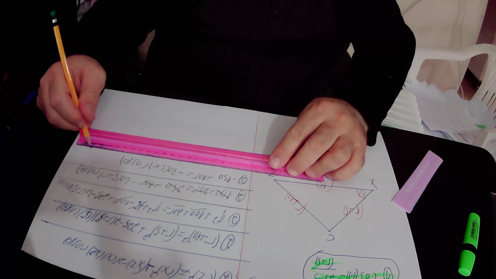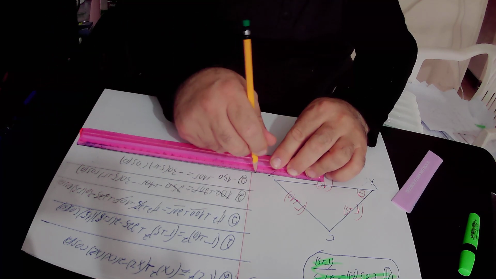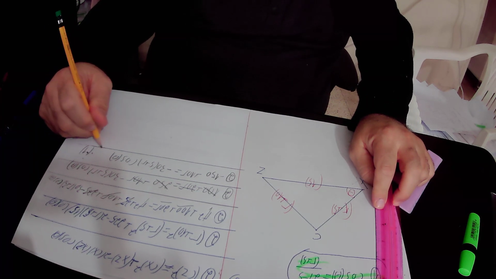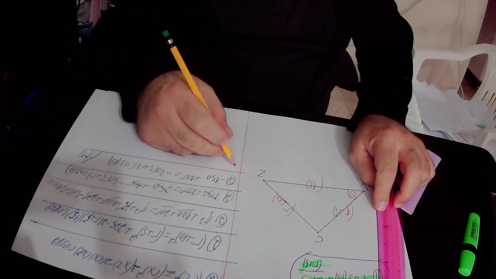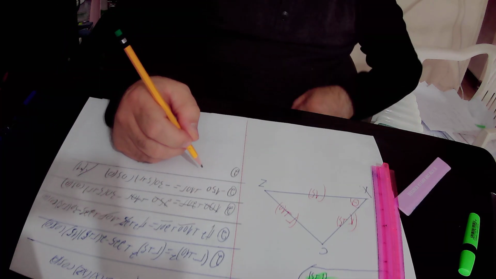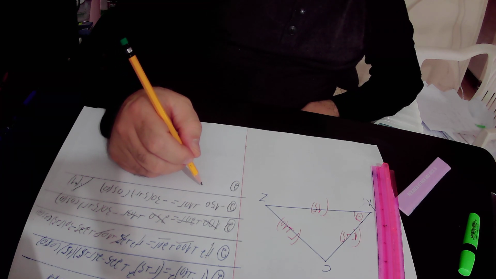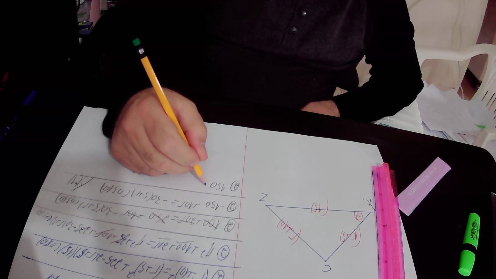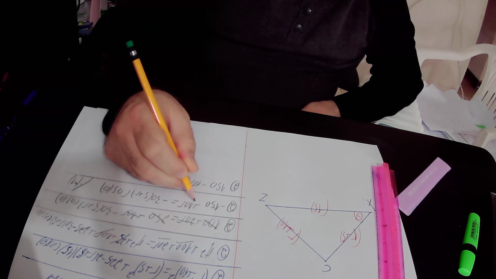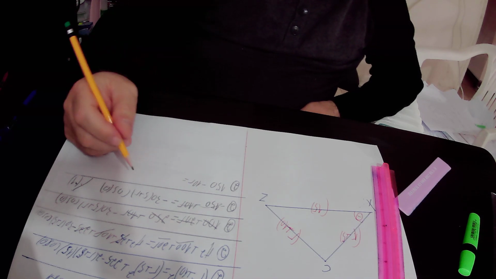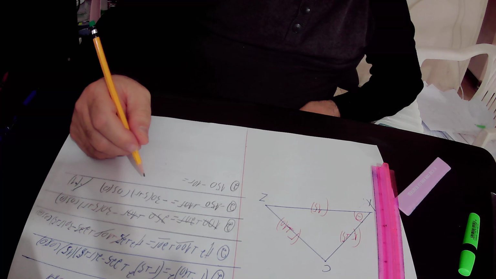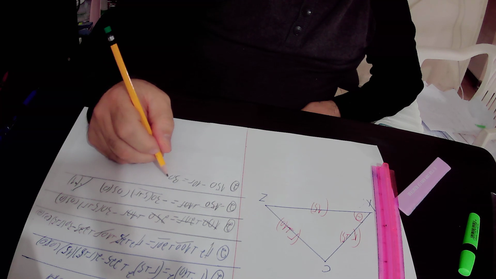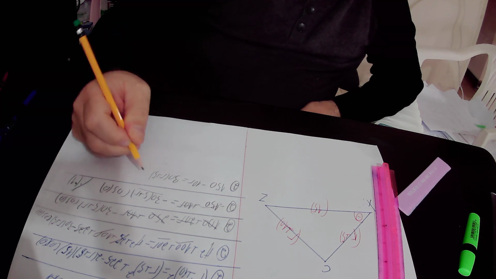Here we will multiply equation number 2 by minus 1, and we will get that according to equation number 2, minus 150 times minus 1 is 150, plus 10r times minus 1 is minus 10r, and it is equal to minus 30 times minus 1, which is plus 30, so it will be 30 times r plus 5 times cosine theta.